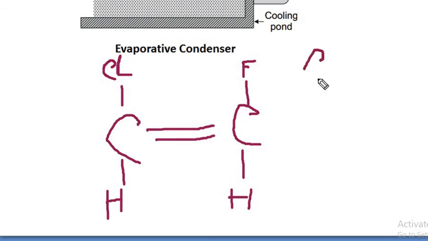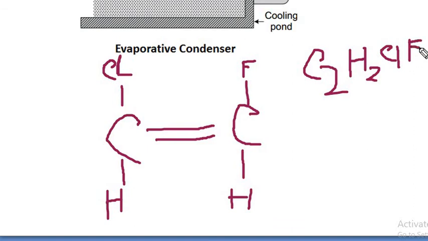C2H2Cl(F). C2H2Cl(F). Okay. So what will be the formula?